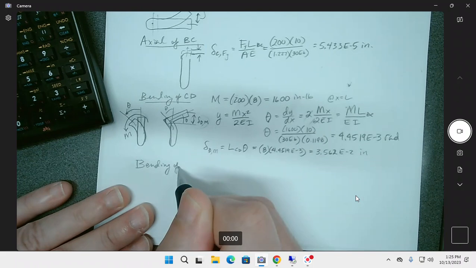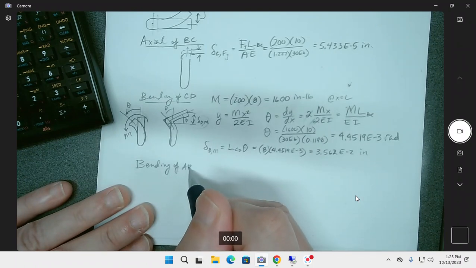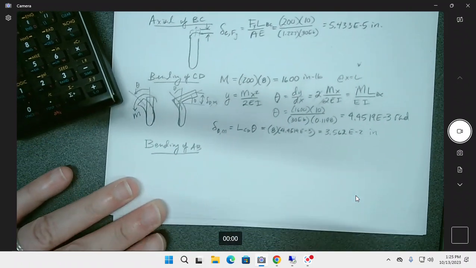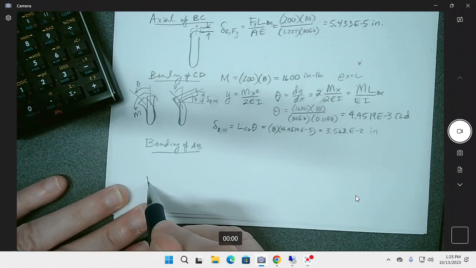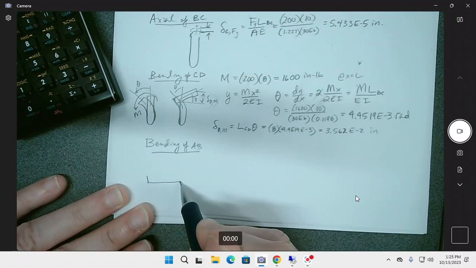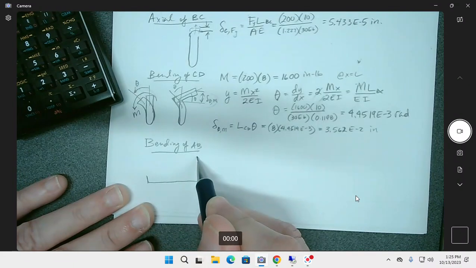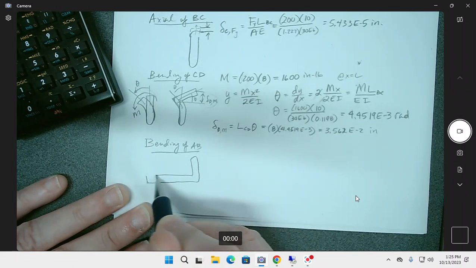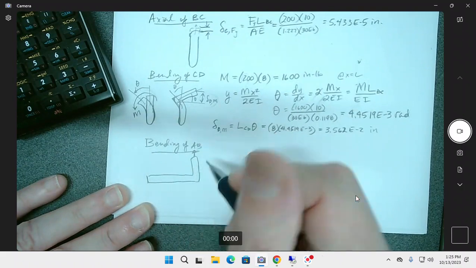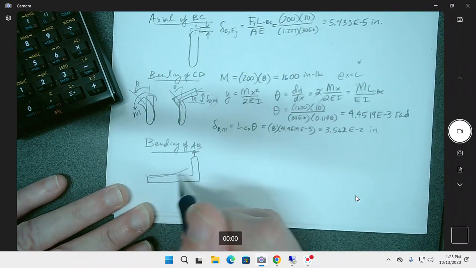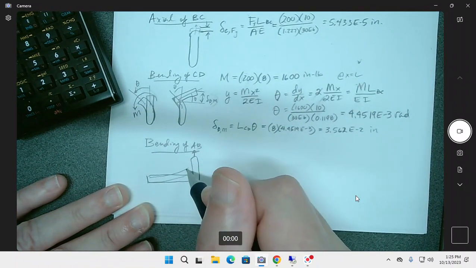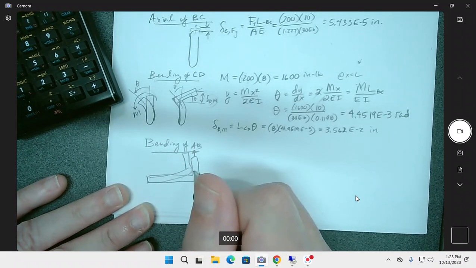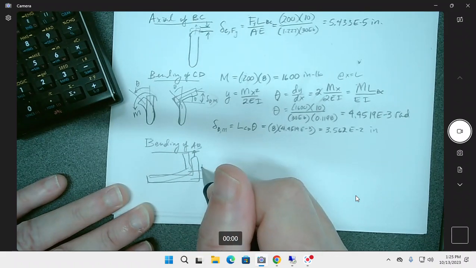Bending of AB. And so I'm going to look from the side over here. You can't quite see that part right there. He's coming up, but he's going to bend up that way.